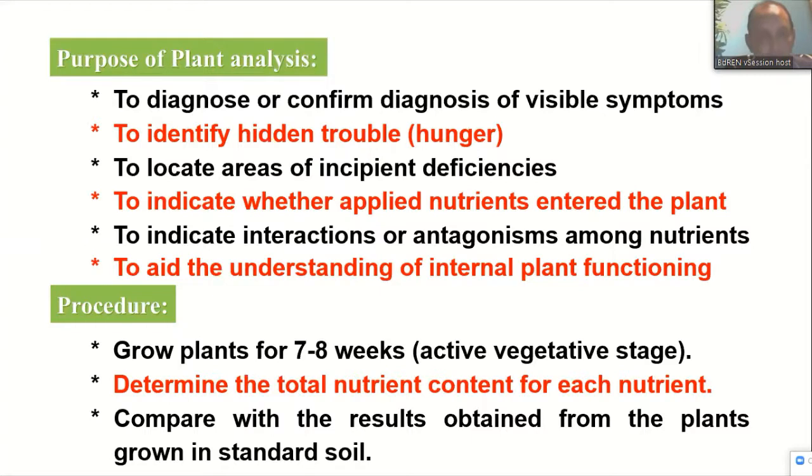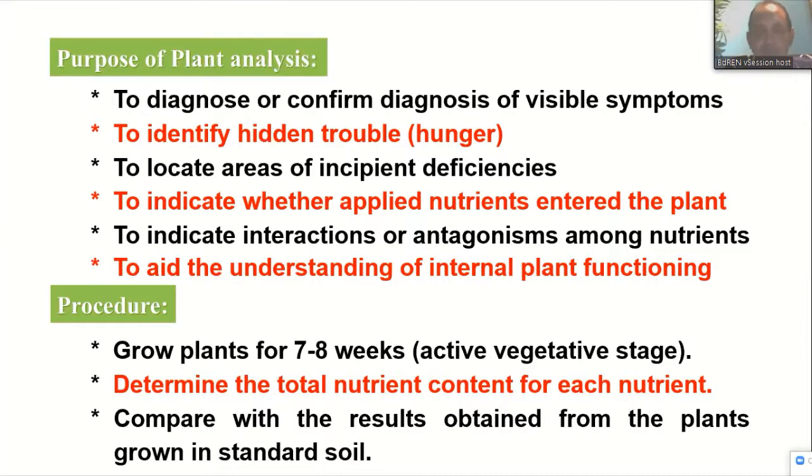After growing plants for 7 to 8 weeks, this is the actual soil, and another field will be prepared. We have to prepare and grow for 7 to 8 weeks. In a similar way, if we do it in nutrient deficient soil or actual soil for 7 weeks, you have to perform the same way in standard soil.